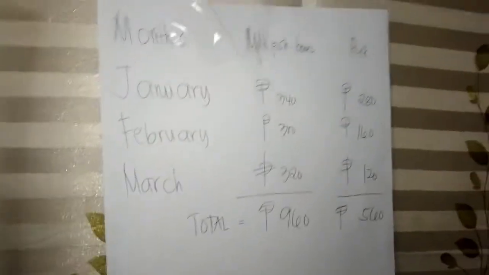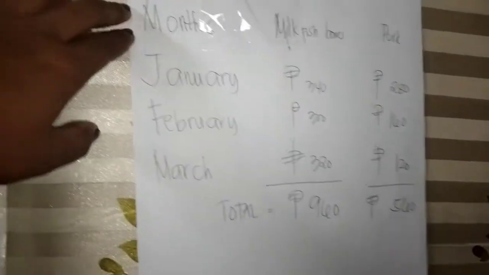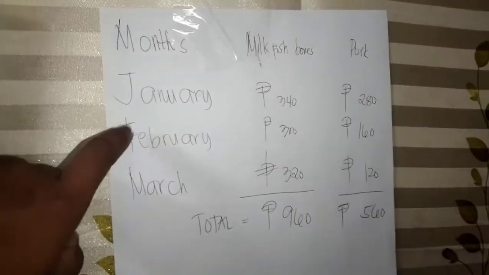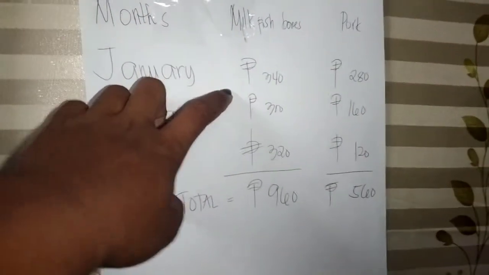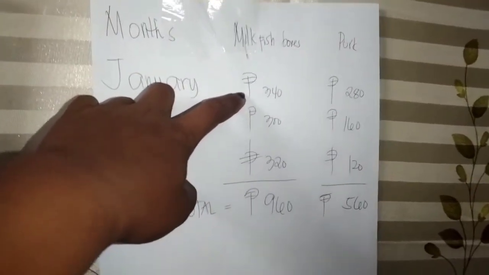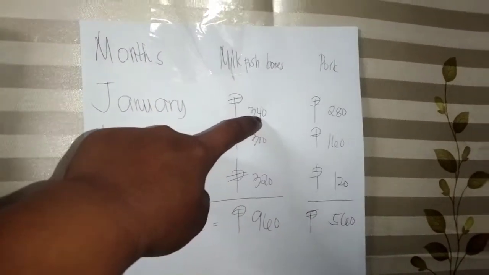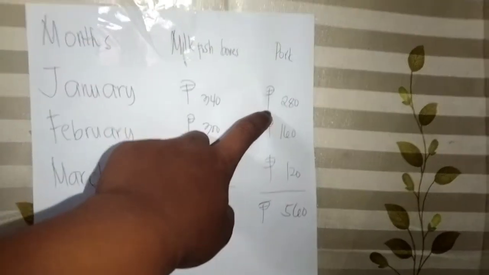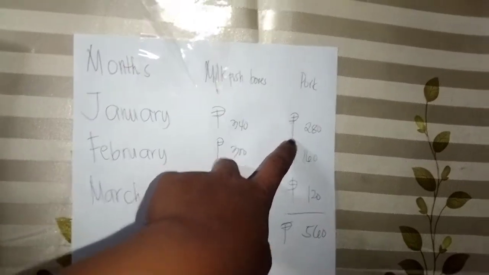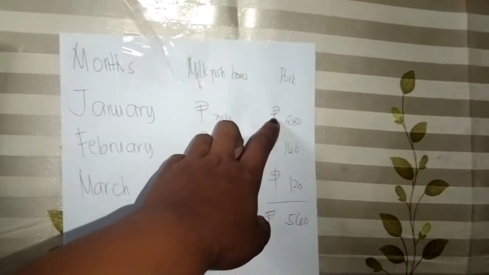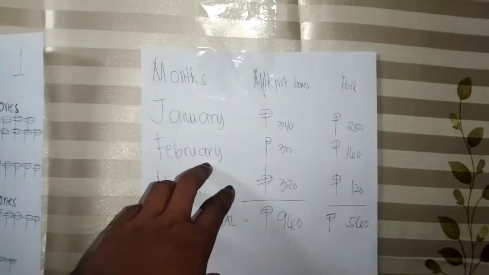Let us total the amount. We have the months of January, February, and March. Our milkfish bones, we have 17 milkfish bones for the month of January. The total is 340. Our pork is 14. So the amount of pork for the month of January is 280.